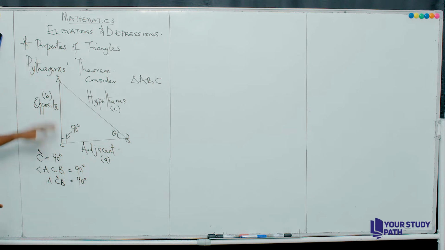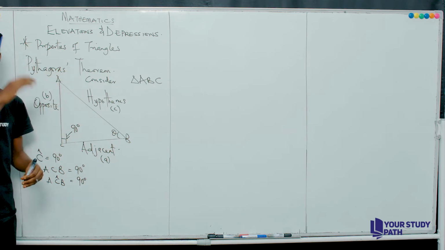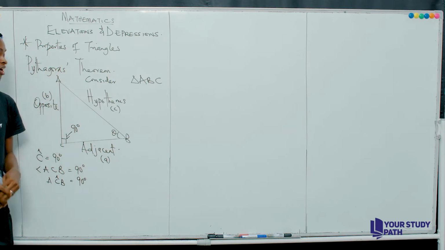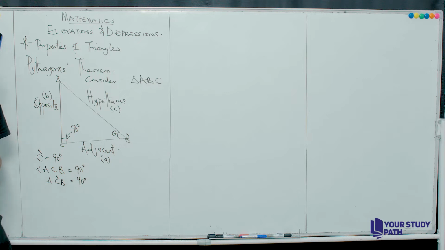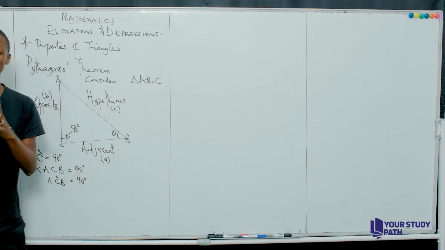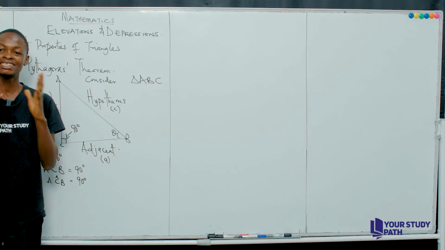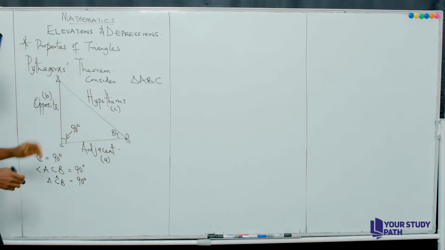Let's now take all of this and go straight into defining the Pythagoras theorem. The Pythagoras theorem is a theorem that relates the three sides of the right angle triangle and brings out a very, very special relationship that exists within the triangles. What is that relationship?